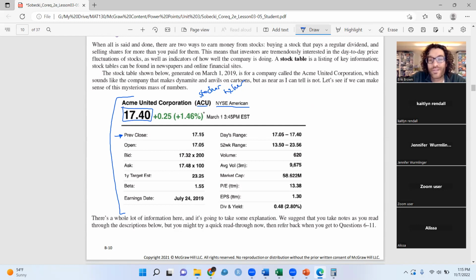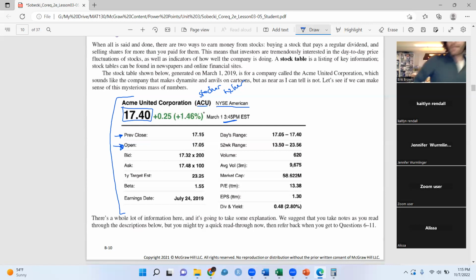So since today is Monday, if this was a stock ticker, well, it says March 1st at 3:45 p.m. But if this was Monday morning, we'll go get a live one in a second, then this would have been the closing value of the stock on Friday at 4 p.m., which I believe is when the stock markets close. Although we'd have to look at it, different exchanges close at different times. So then the open is the starting value when the market opened.